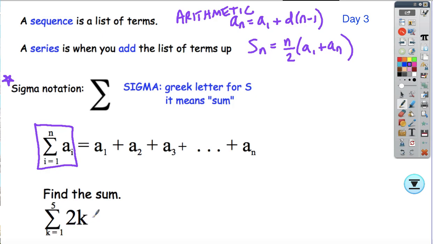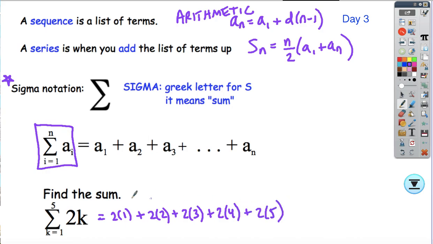Okay, so if I was to do it the long way, I would take this equation and I would start by plugging in a 1 for k. So if I plug a 1 in, I'll have 2 times 1. Then I'm going to plug a 2 in, so I'll have 2 times 2. Then I'm going to plug a 3 in, 2 times 3. Then I'll plug a 4 in, 2 times 4. Then I'll plug a 5 in, 2 times 5.